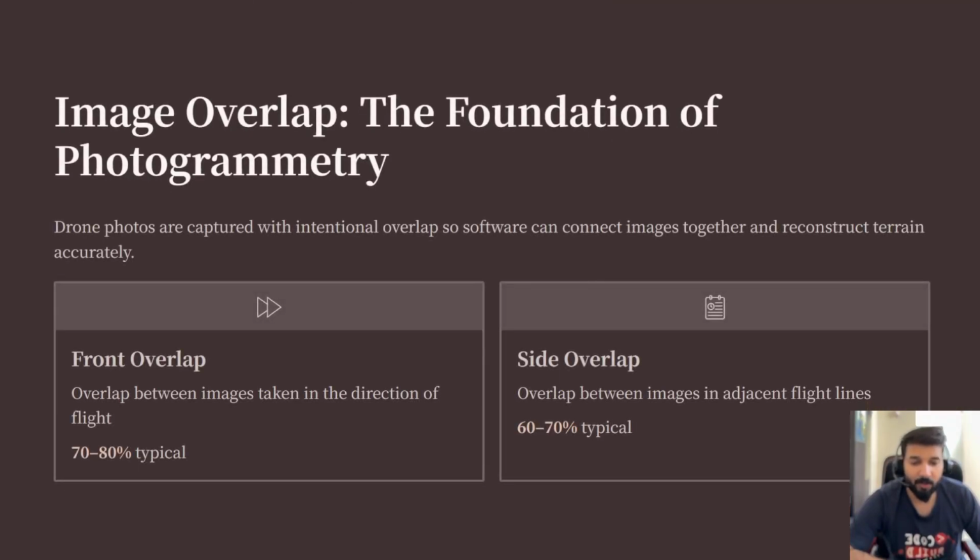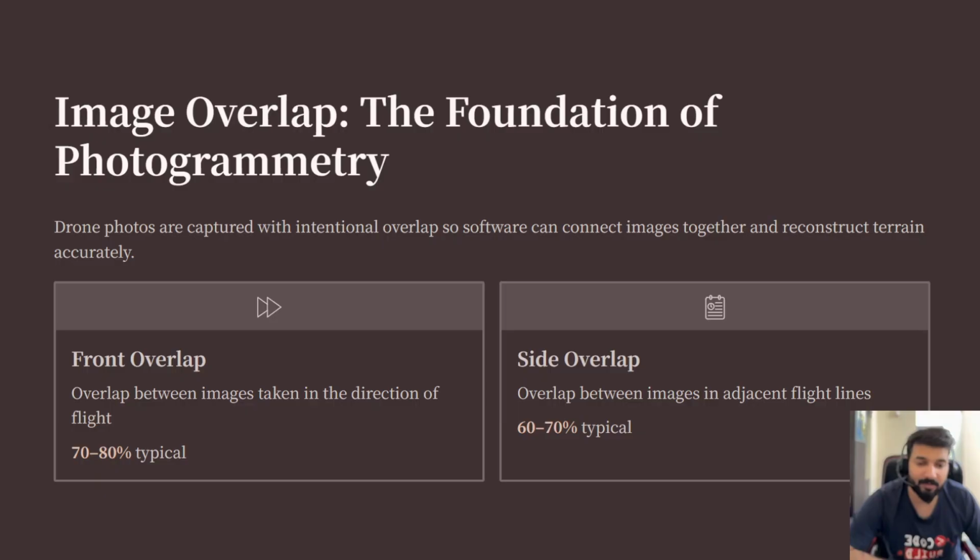Now let's talk about image overlap. When a drone captures images during a survey mission, the photos are not taken randomly. Instead, they are captured with intentional overlap so that software can connect the images together. There are two main types of overlap: front overlap, which is the overlap between the images taken in the direction of flight; and side overlap, which is the overlap between images captured in adjacent flight lines.